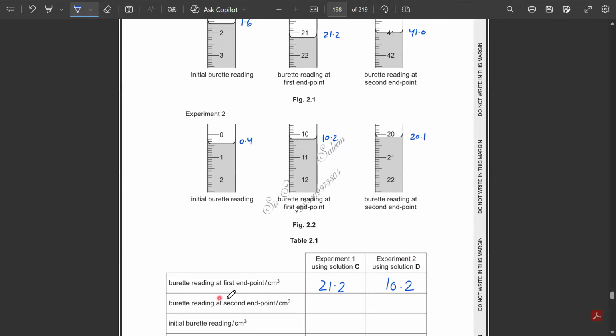Then burette reading at second endpoint. The third diagram belongs to the second endpoint. So for experiment 1, it is 41.0. For experiment 2, it is 20.1. And initial burette reading: for the first case, it is 1.6. For the second case, it is 0.4.